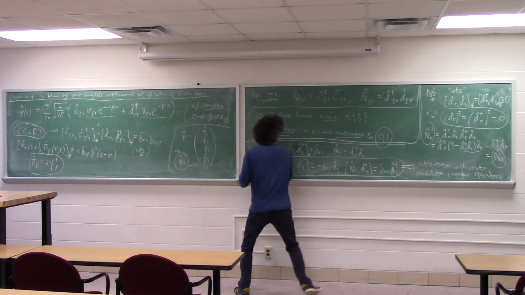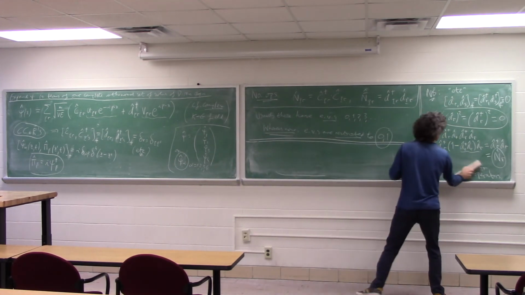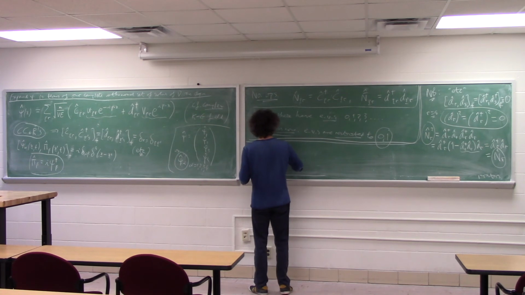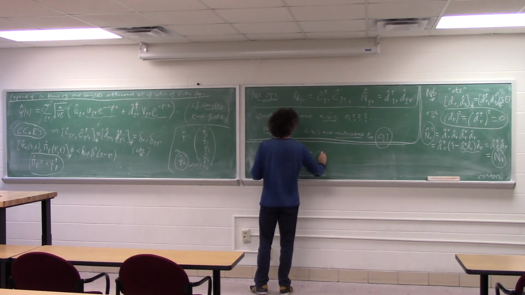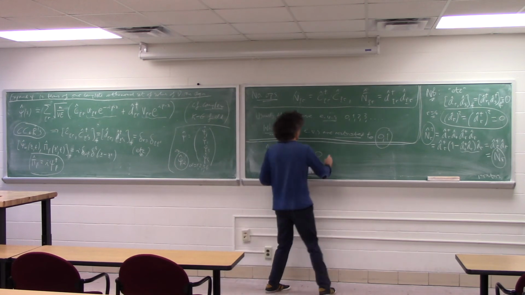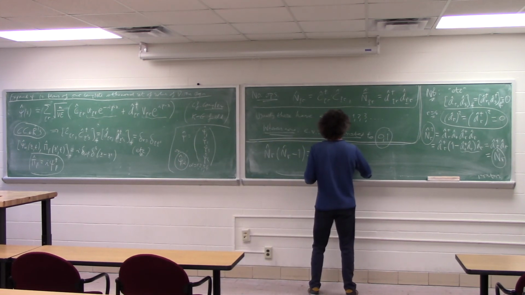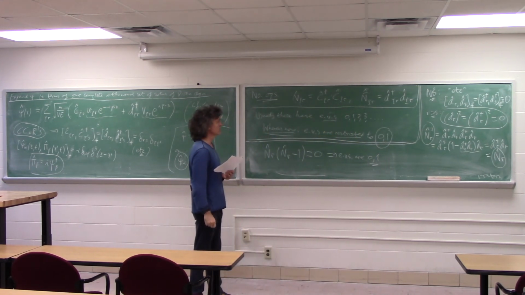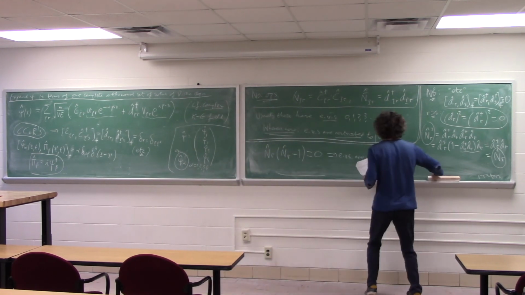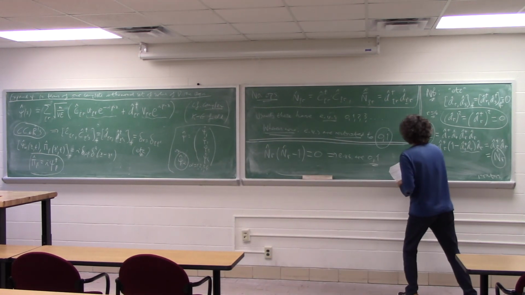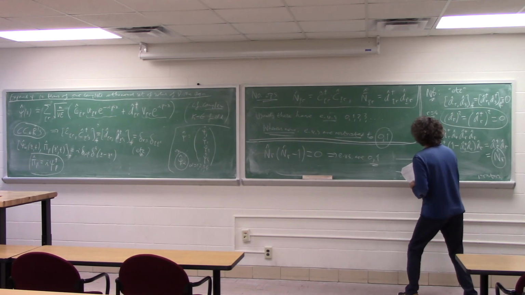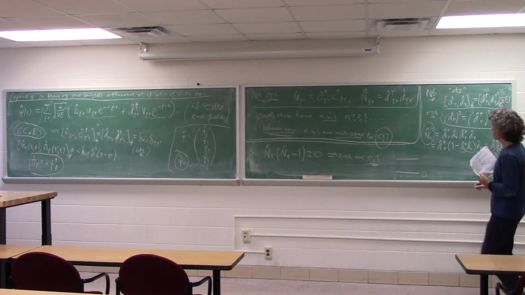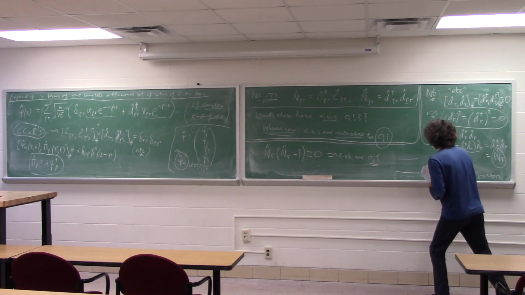So let me write down what that means. If I have NR squared minus NR equals 0, so NR times NR minus 1 is 0, and so the eigenvalues are restricted to 0 and 1. Eigenvalues are restricted to 0 and 1. Another way to think about this is that, let's say I start with my ground state. How is the ground state defined?